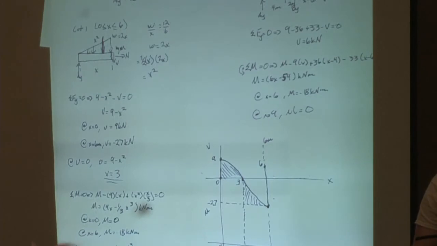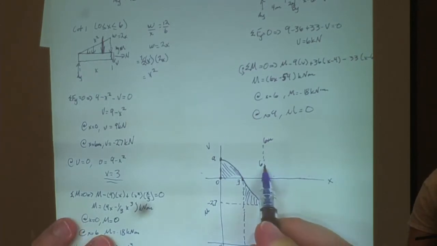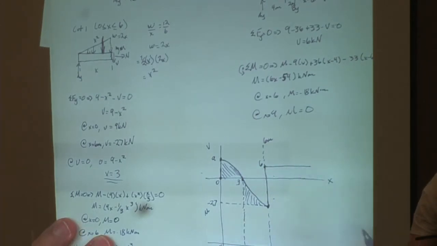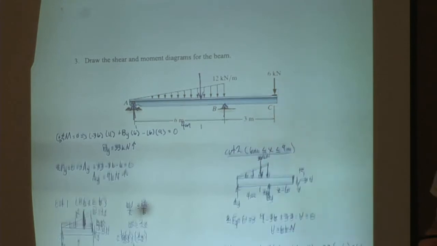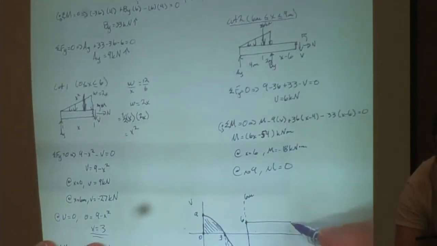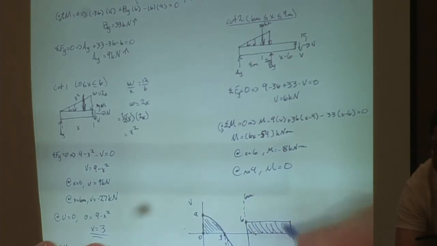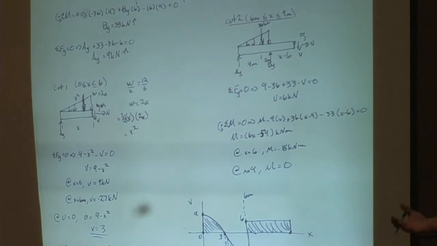So we're going to have a horizontal line. Right? And then what happens at the very end? So since we have that point load at the end with negative 6, we go right back to 0. And 0 is the happy place, right? And that means you did everything right. You would hope. It could be a happy accident, but we're going to go with you guys got it right.